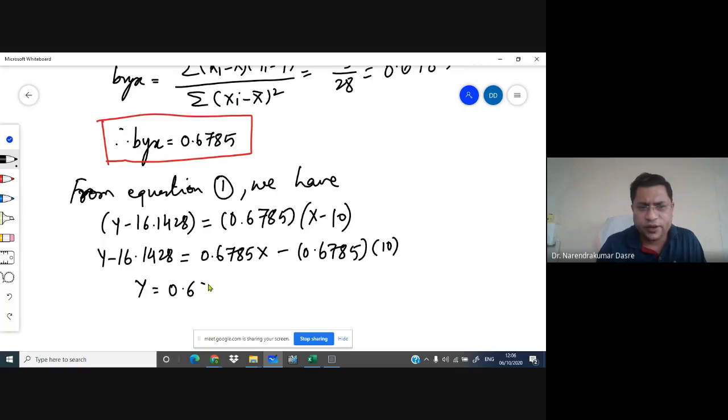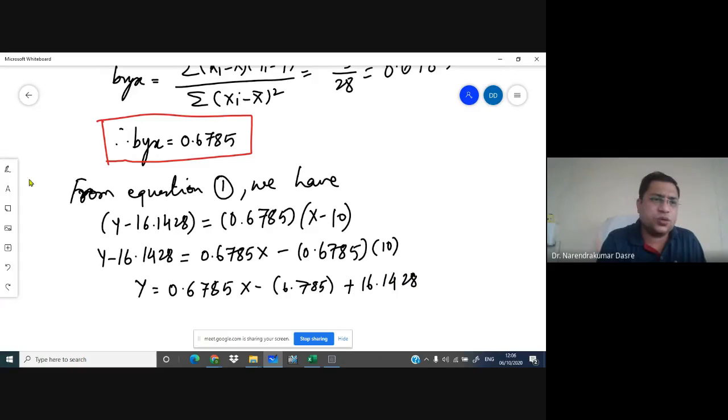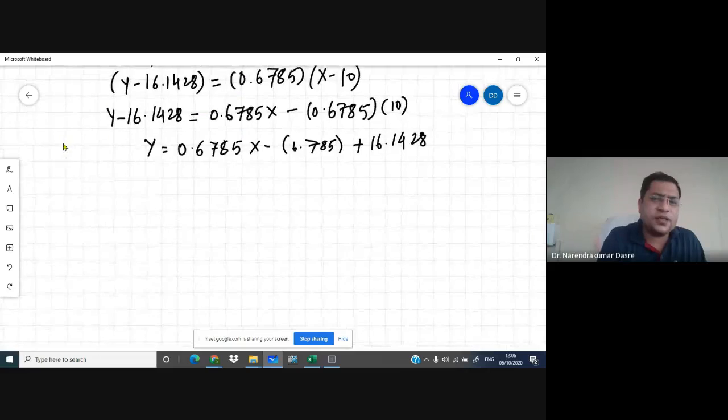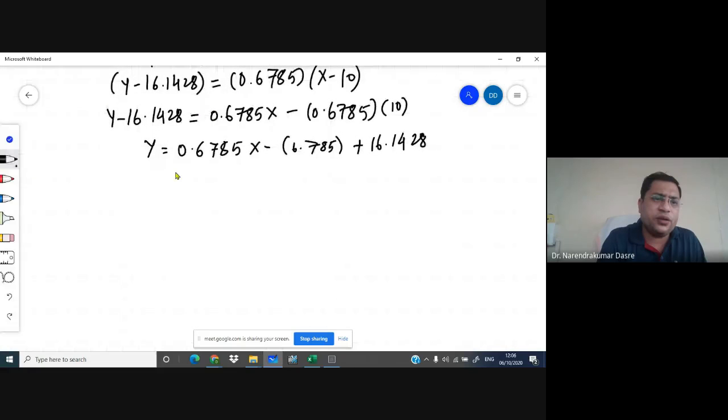y is equal to 0.6785x minus 6.785, and you'll be having plus 16.1428. So that's what you have. Now calculate this and give me the value of this coefficient.